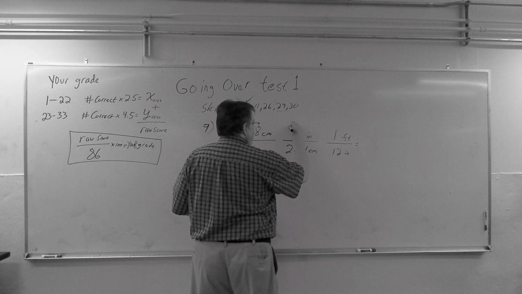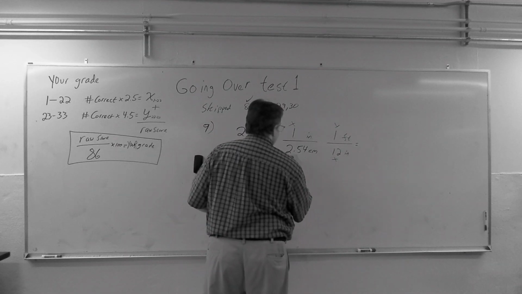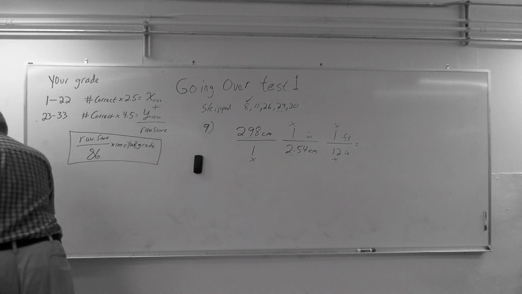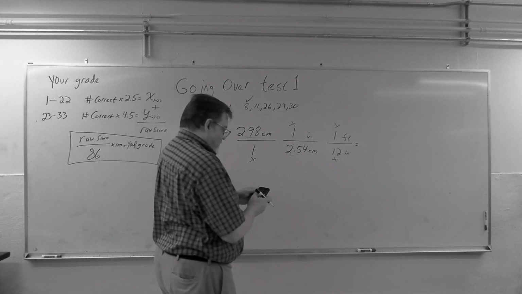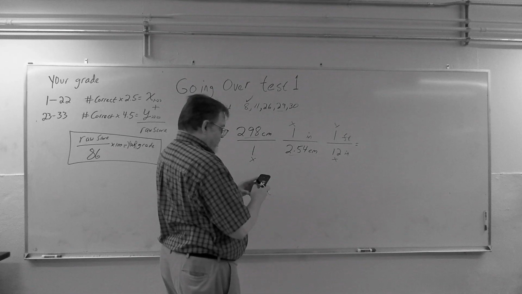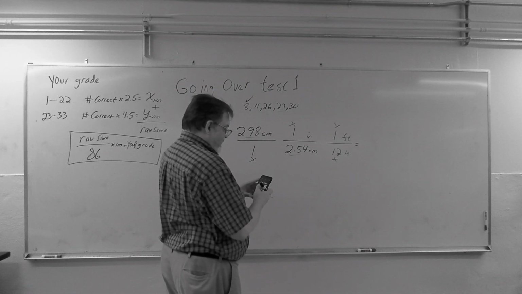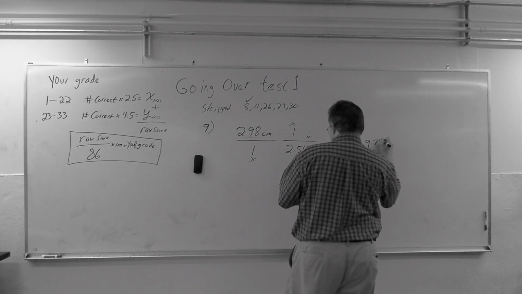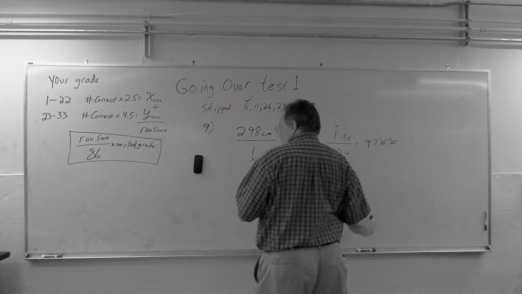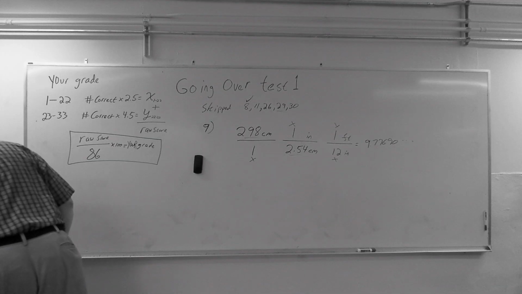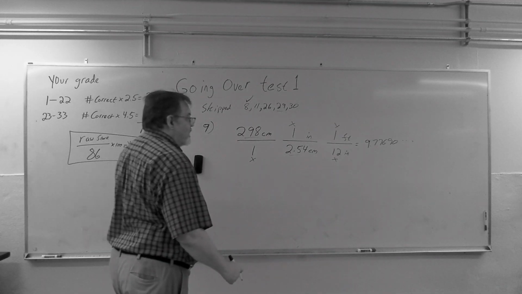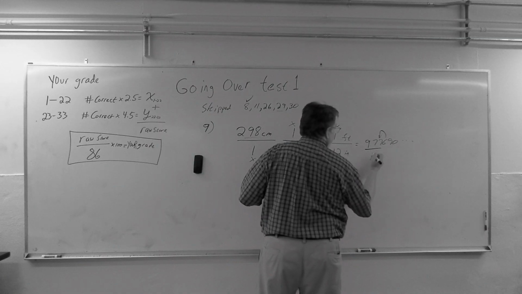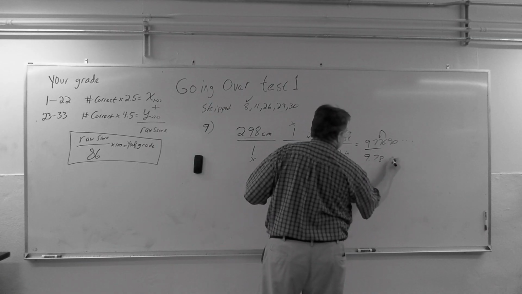That's exact. 3 significant figures. 298 divided by 2.54 divided by 12. 977. Three significant figures is there. The 6 does round the 7. 9.78.